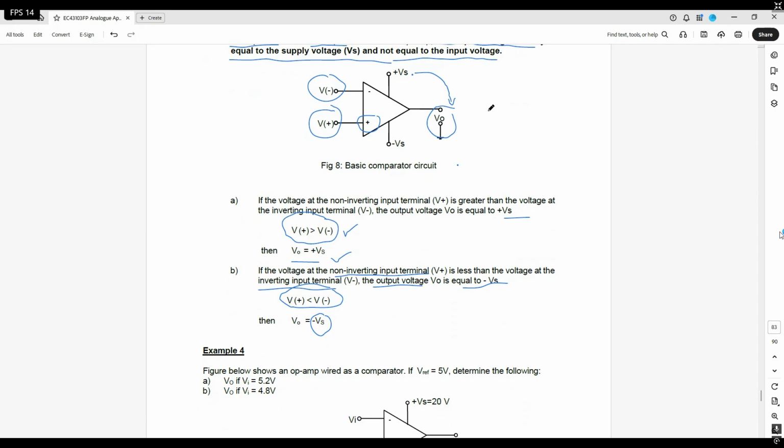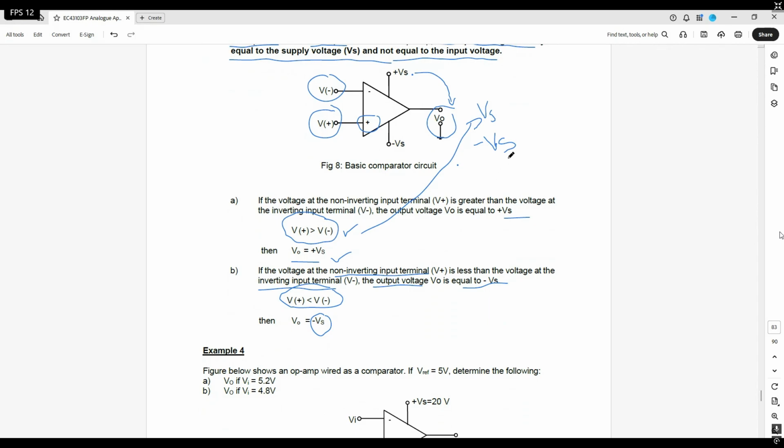So in other words, your output can be Vs or negative Vs. If your output is positive Vs, then you are applying this condition to get this output.